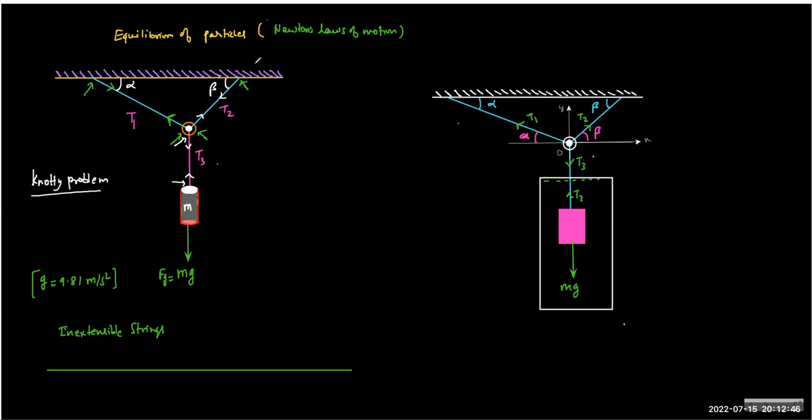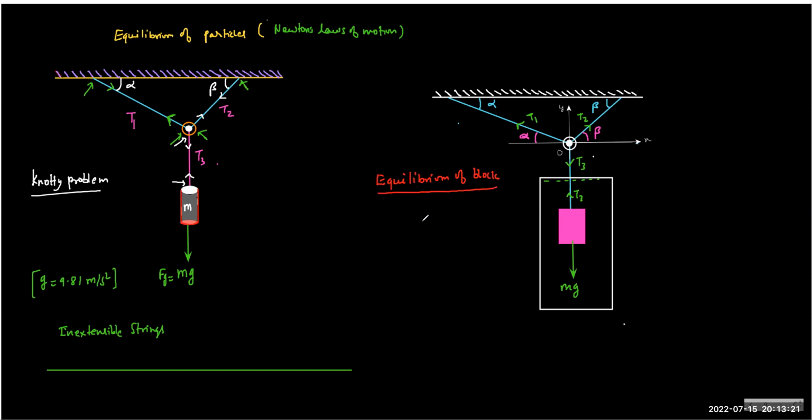They are opposite, which is obvious, but they should also be equal, isn't it? Because if mg is more than T3, it will go down, and if T3 is more than mg, it will go up. But it is neither going up nor going down. Can we say T3 must be equal to mg? So that's called the equilibrium of the block. That's the first case.